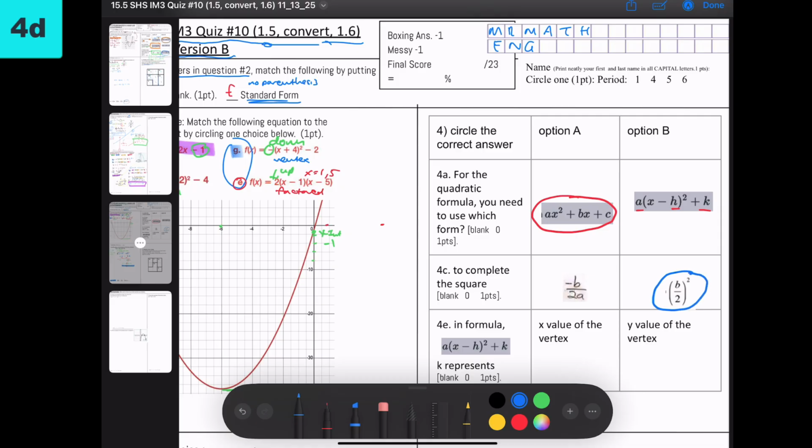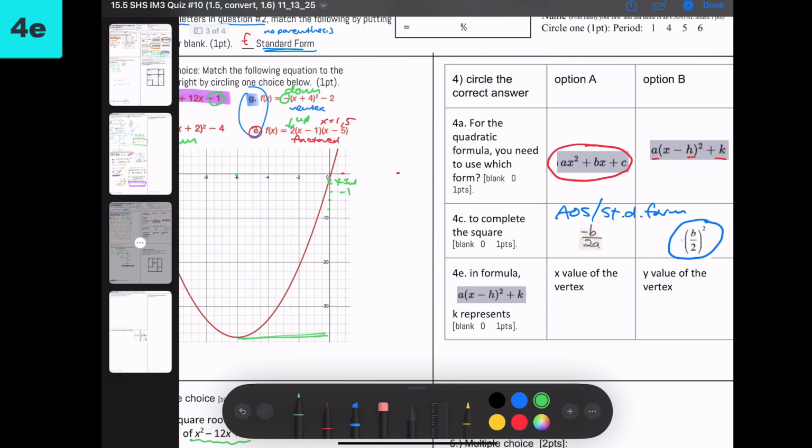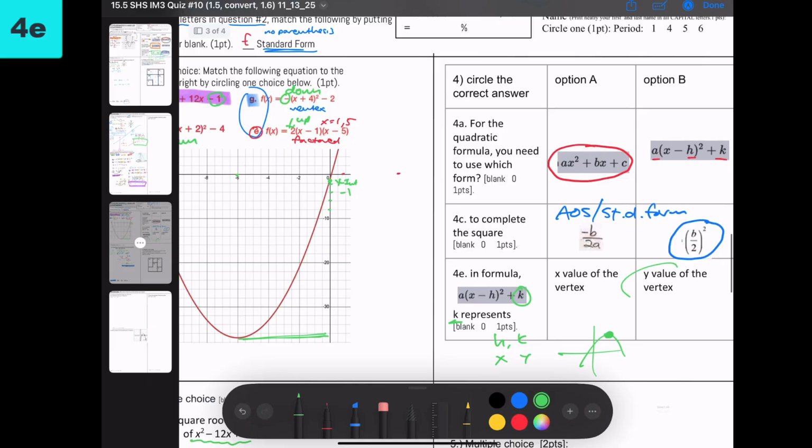This is the AOS for standard form. And then for E, the K, if you do HK, represents the x, y in the vertex. So that would be the y value.